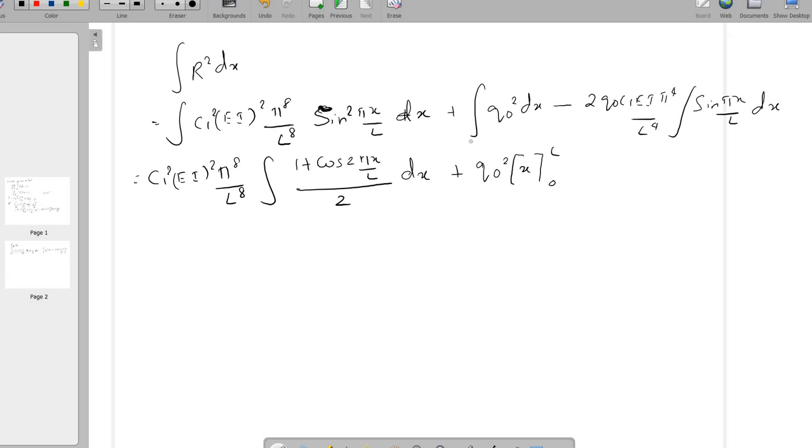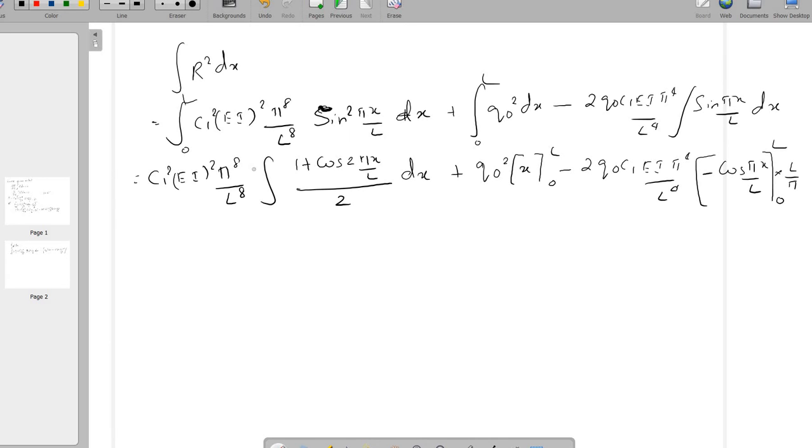So the limits are 0 to L, minus 2 q naught c1 ei pi power 4 by L power 4. So integral of sin pi x by L is minus cos pi x by L into L by pi. So we are going to apply the limits 0 to L for minus cos pi x by L.